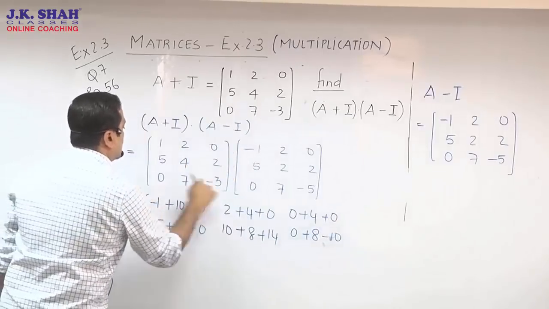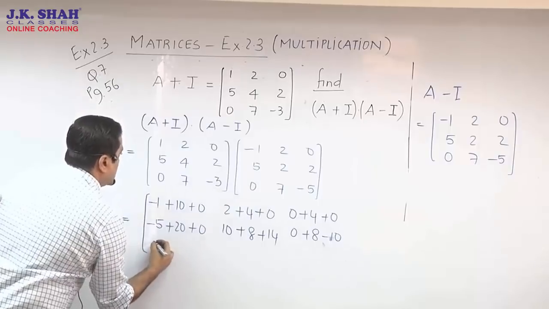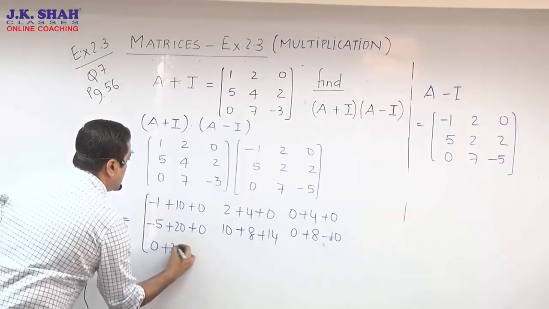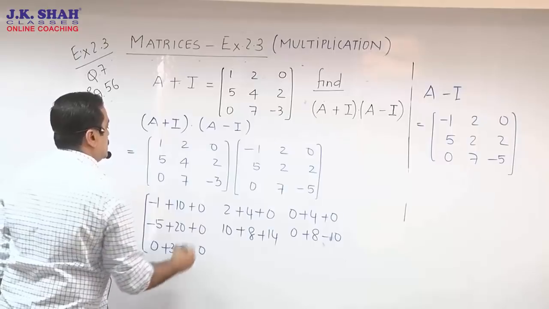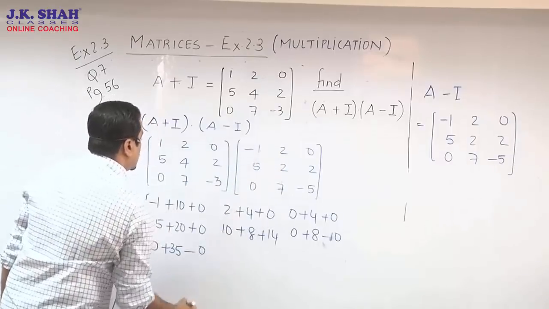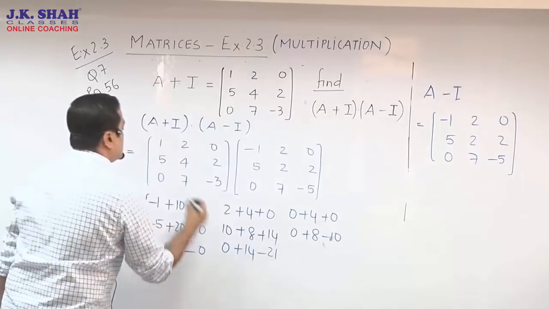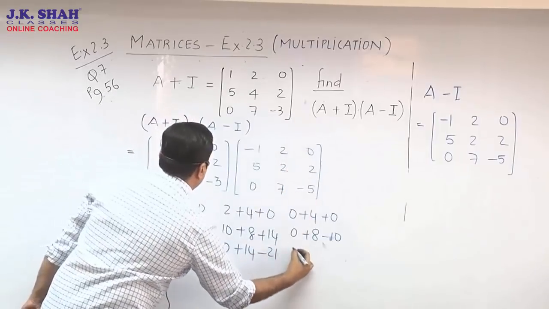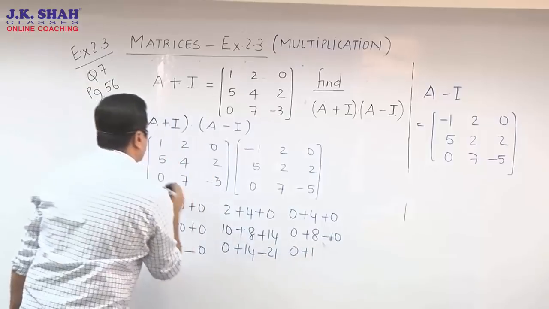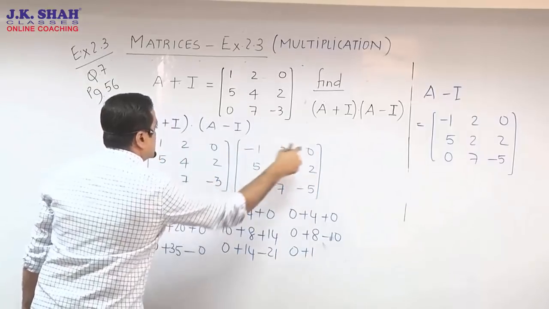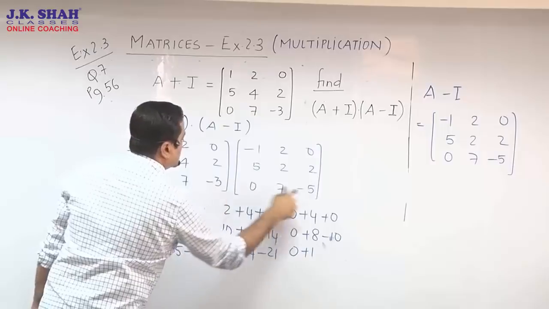Now last row, R3 C1. 0 plus 35 minus 0. R3 C2, so it's 0 plus 14 minus 21. R3 C3, 0 plus 14 plus 15.